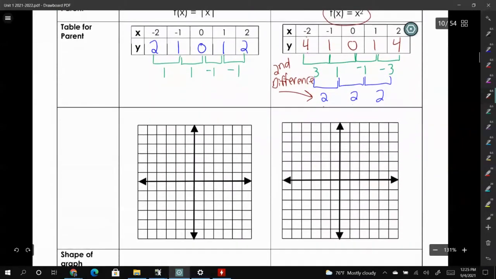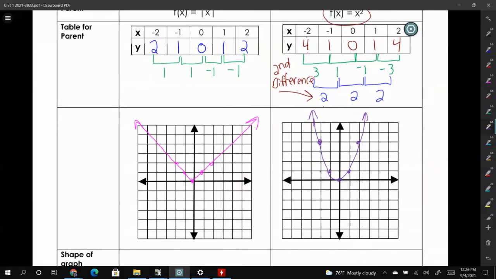Let's look at the graph. Absolute value again. We know how to graph that. Graphing the points from the table above. The quadratic function, I'm going to graph those points. So here are the points for the quadratic function.